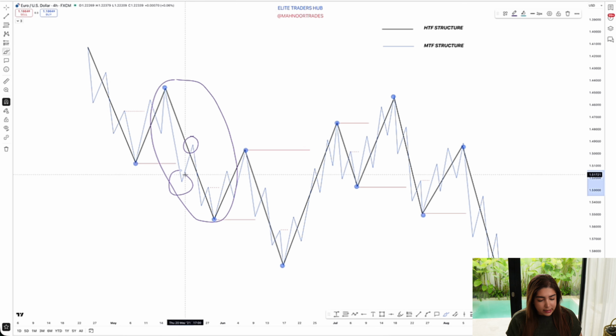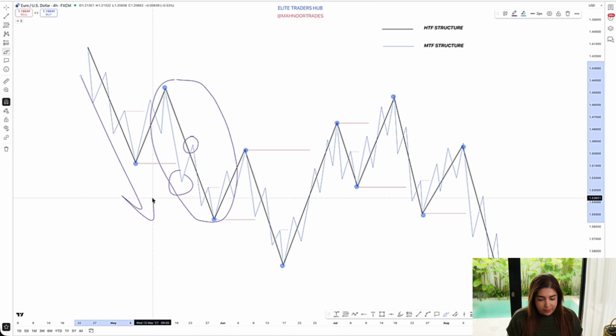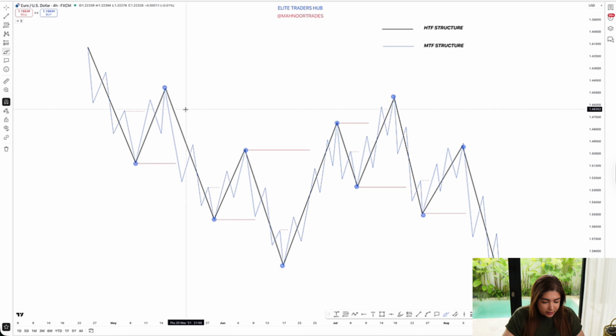When the 4-hour is in a bearish run, the job of the lower time frame or the middle time frame is to support and fulfill the higher time frame objective. The 15-minute chart will turn bearish as well in order to facilitate the 4-hour chart to complete that bearish move. The relationship between time frames is key to everything we do next.